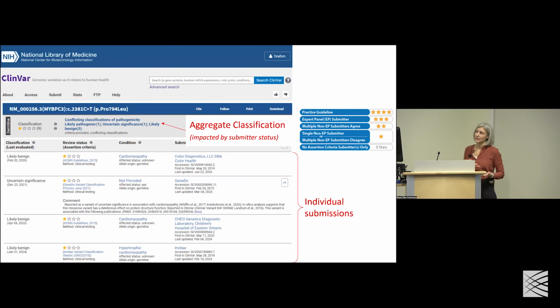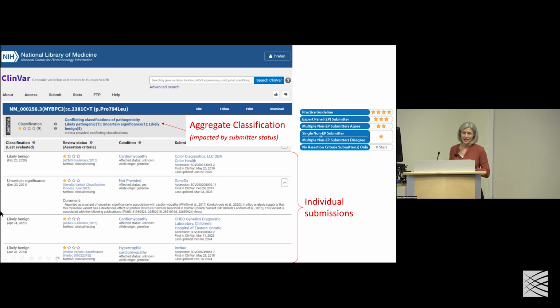And if you haven't looked in ClinVar before, this is what you might see on a ClinVar variant page. At the top, you get an aggregate classification of what every lab has submitted. So for example, for this variant, you can see the individual submissions at the bottom. There are 3 labs that are calling this variant likely benign, 1 lab calling it a variant of uncertain significance. And again, as with GenCC, the existence of all of this information within one database has allowed some level of conflict resolution to go on over time.